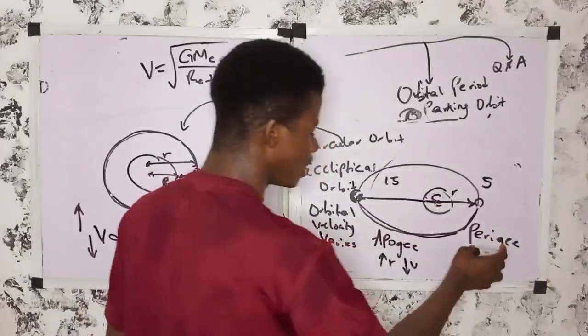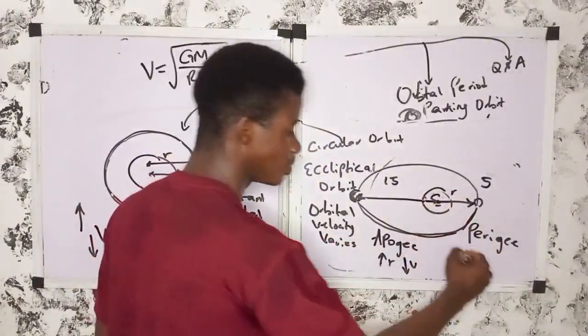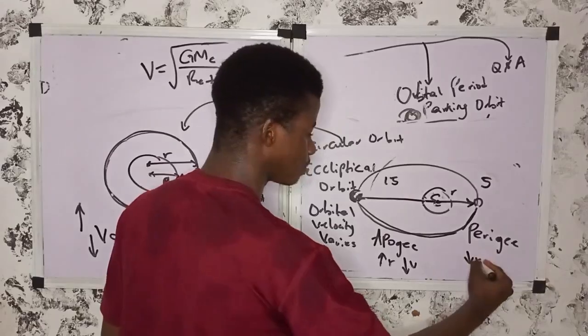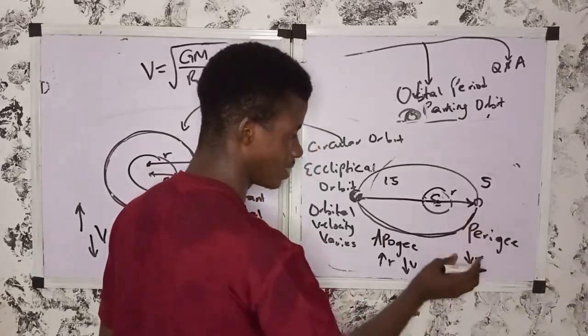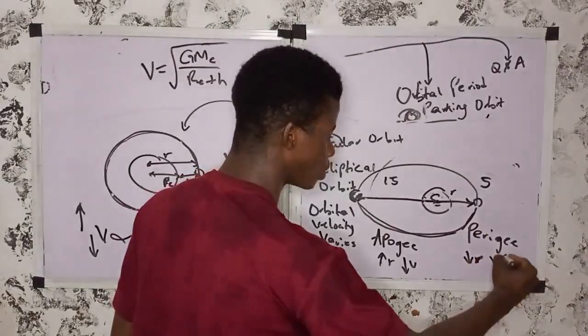Now the part where the distance between the Earth and the satellite is very small, the orbital velocity will be very high.